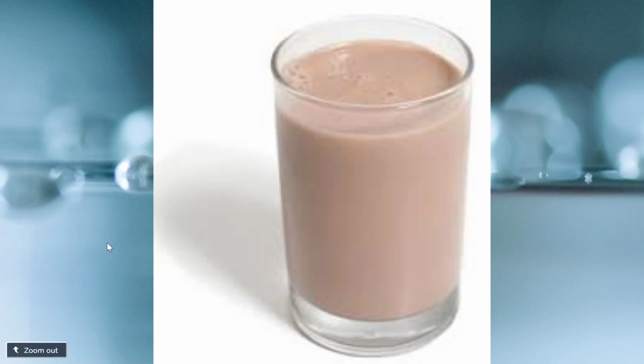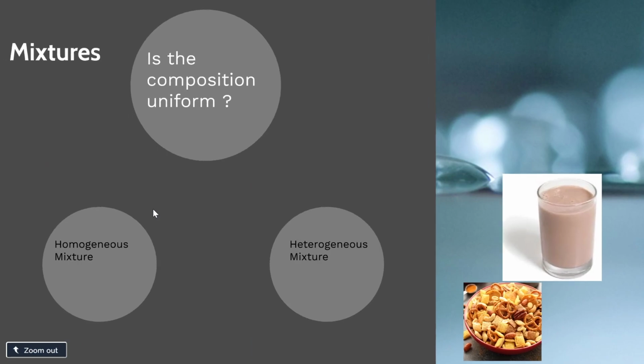And what they do is they really just basically mix it up to an extreme extent so that all the pieces end up being the same, that you don't have the fat coming out on top like you do with regular milk. And so whenever you hear of a homogeneous mixture, you need to just think, oh, that looks the same all over.